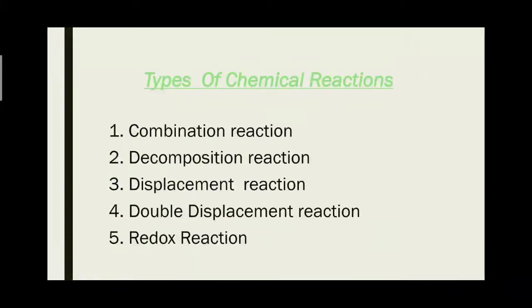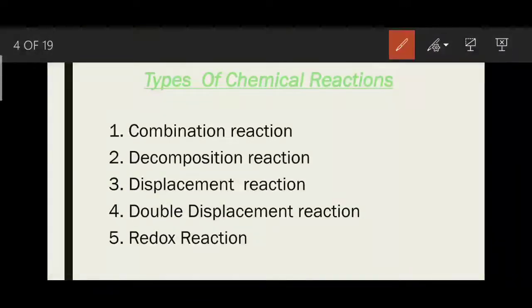The types of chemical reactions are combination reaction, decomposition reaction, displacement reaction, double displacement reaction, and redox reaction. One thing I want to clear to you is that this is reverse. Decomposition reaction is the opposite of combination reaction.